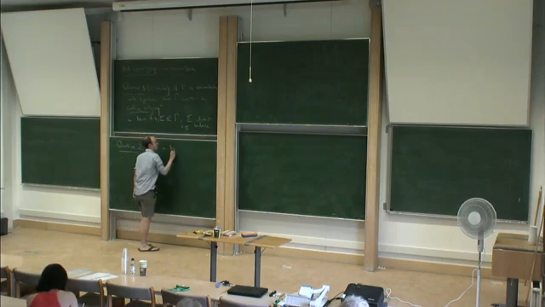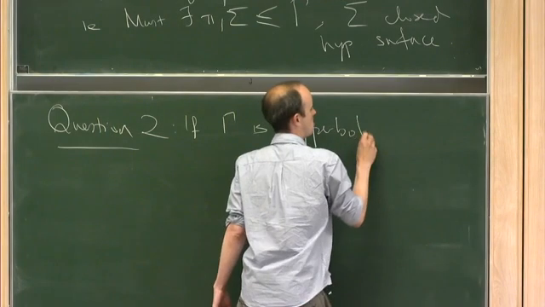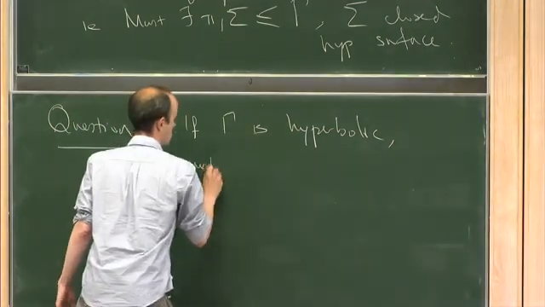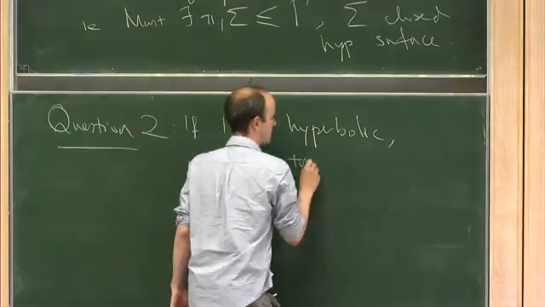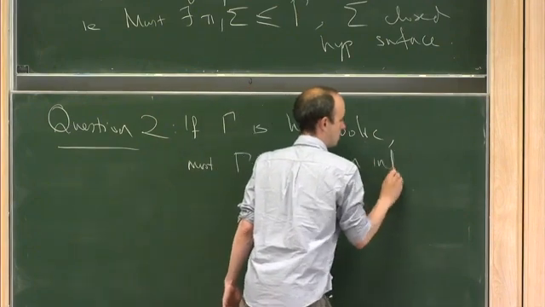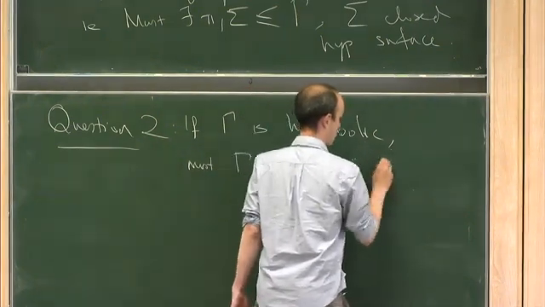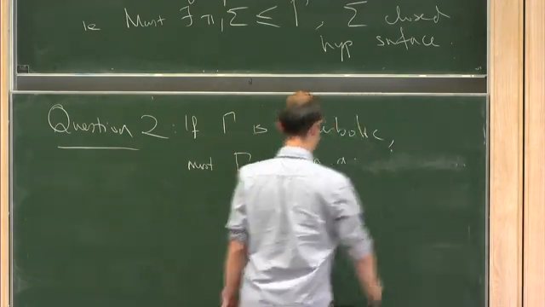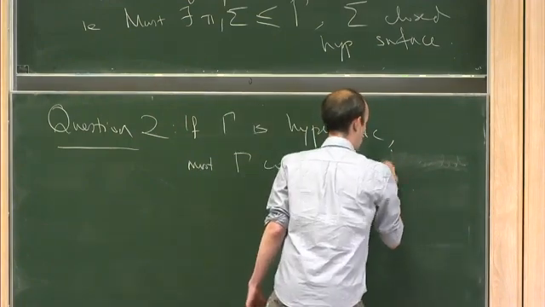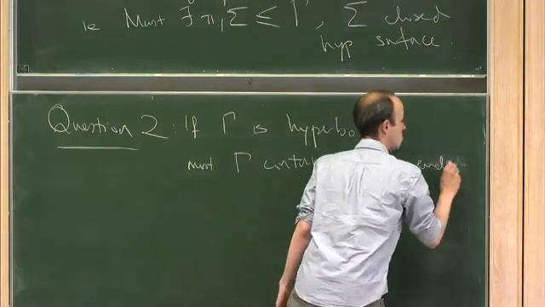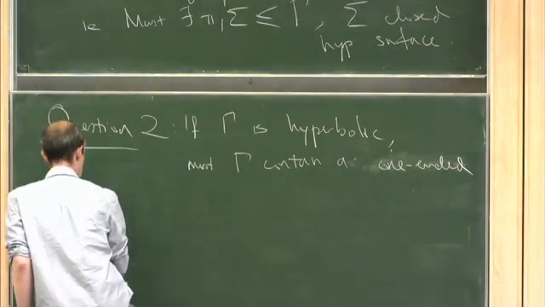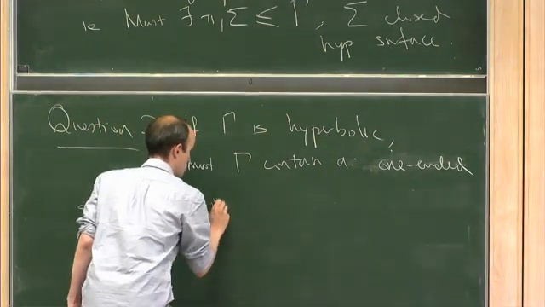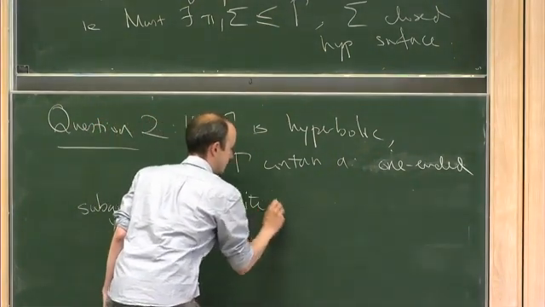So if gamma is hyperbolic, must gamma contain a one-ended subgroup of infinite index?